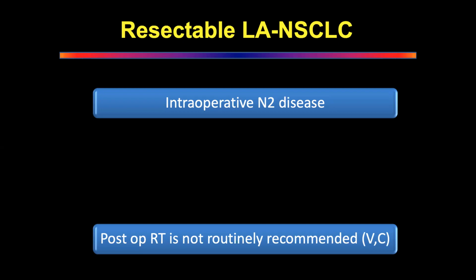It was all negative. It was just a small lymph node. You went ahead and operated, and you have seen a lymph node at station 4, and you sent it for histopathology. And the frozen section came back suspicious of cancer in station 4. What will you do?